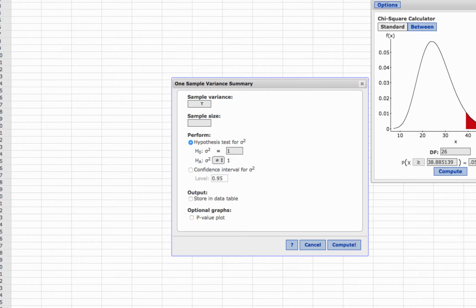StatCrunch only uses variances, so 9.3 was my standard deviation. If you work that out, 9.3 squared is 86.49. Sample size was 27. And then you can tell it, hey, I am doing a, I think it was a 90% confidence interval.